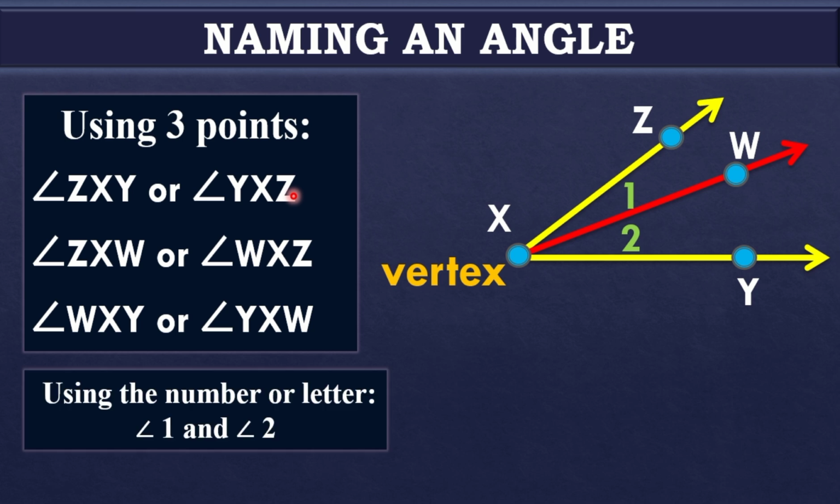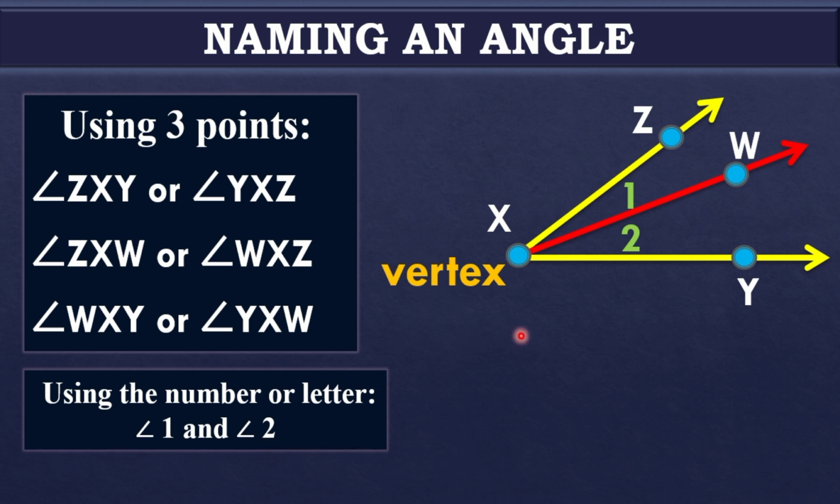Next, if we will be using the number or the letter, so, ang isa pang pangalan ni angle Z, X, W is angle 1. Pwede yon. Pwede mo rin yun ipangalan. Ang isa pang pangalan ni angle W, X, Y is angle 2.